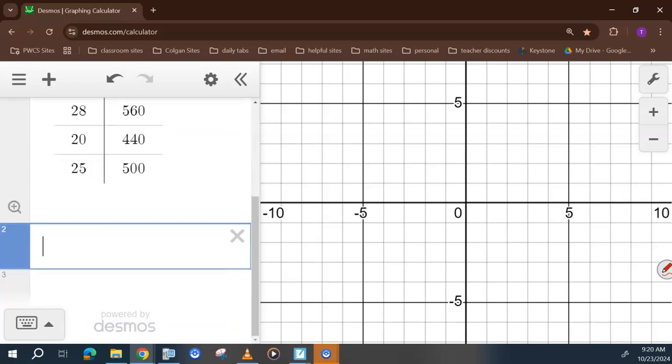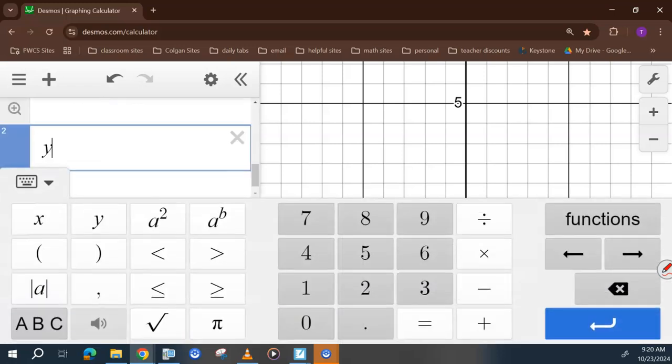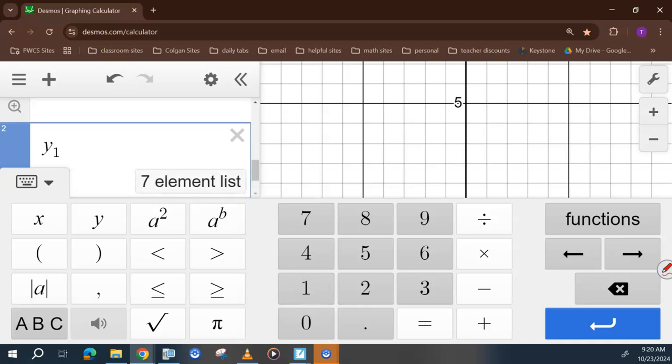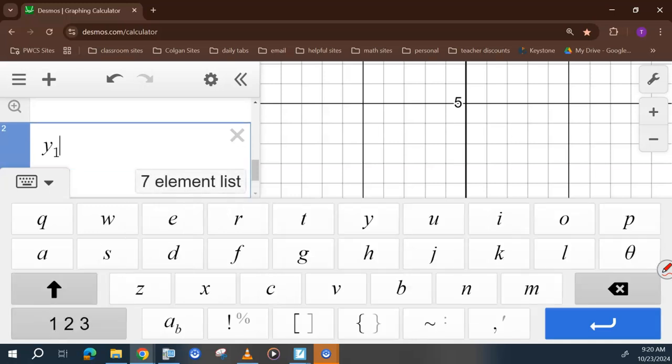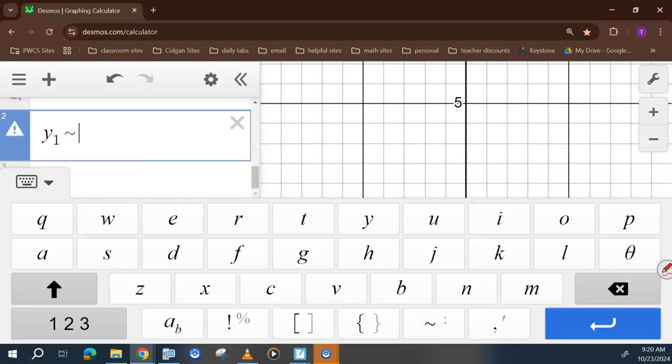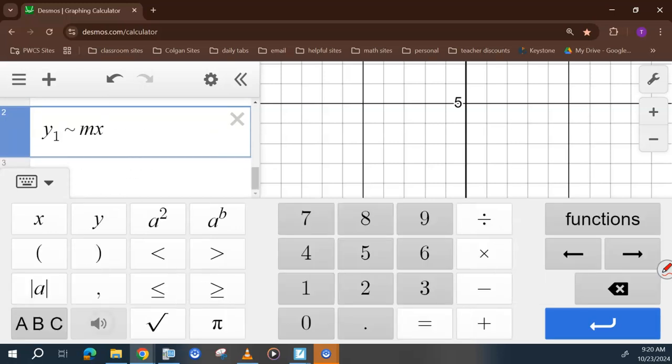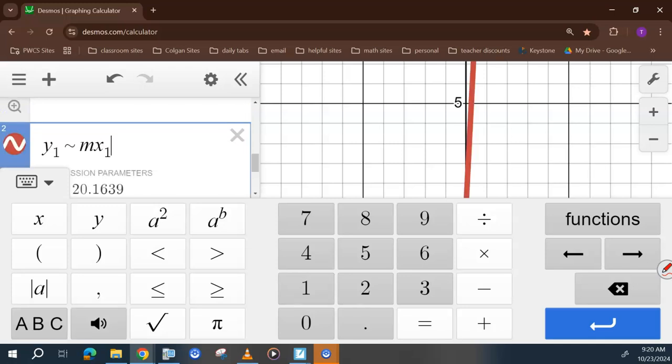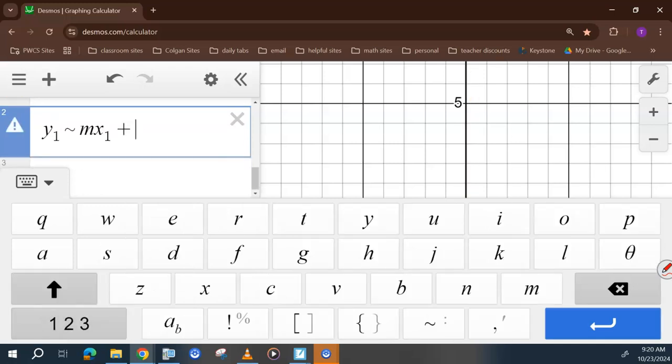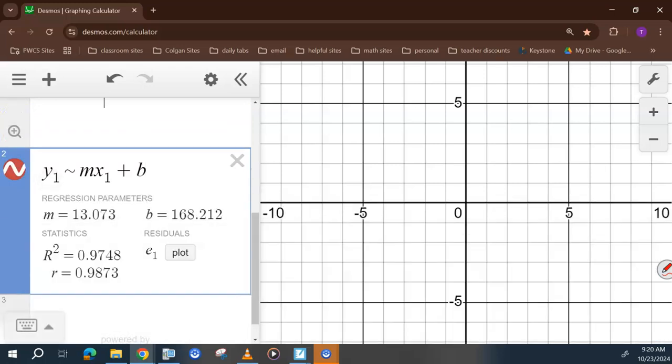So I want you to type this: y1, and then in the ABC, look for this little squiggly line, it's called a tilde, mx1 plus b. So you should get your equation to look like this. You're going to be given an m and a b. That is what you're going to use for your line of best fit.